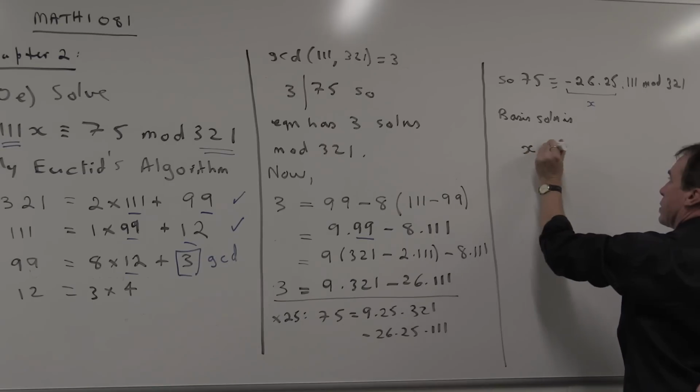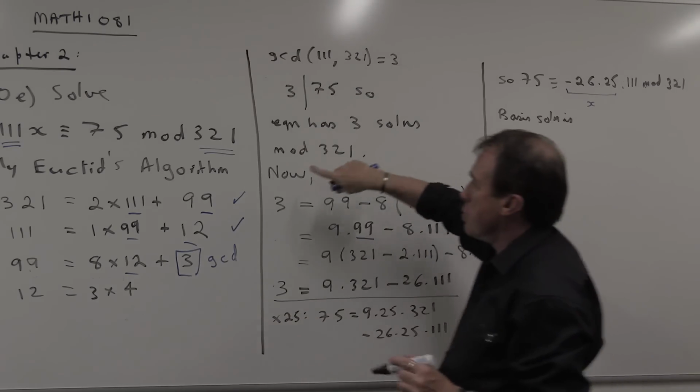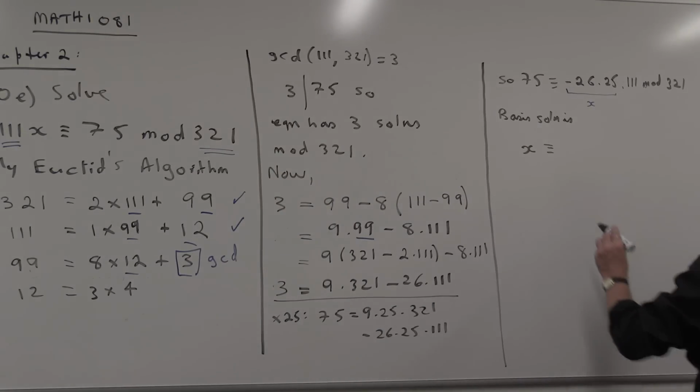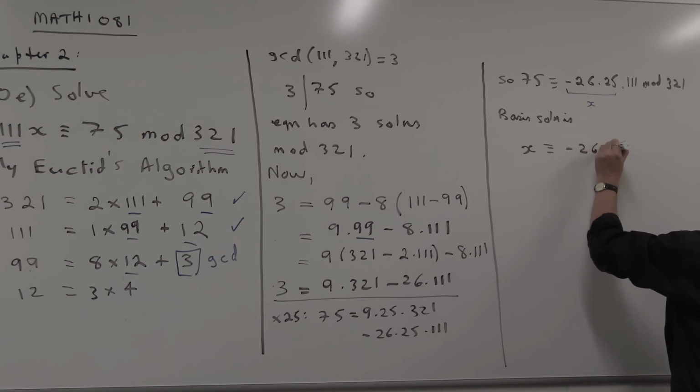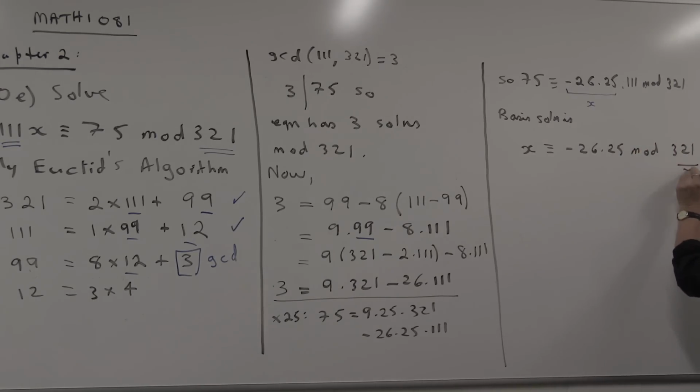So the basic solution is x is congruent to. Now, this will give me a congruence mod 321, but to get my 3 solutions, I need to divide the modulus by 3. So I will get minus 26 times 25 modulo 321 divided by 3.